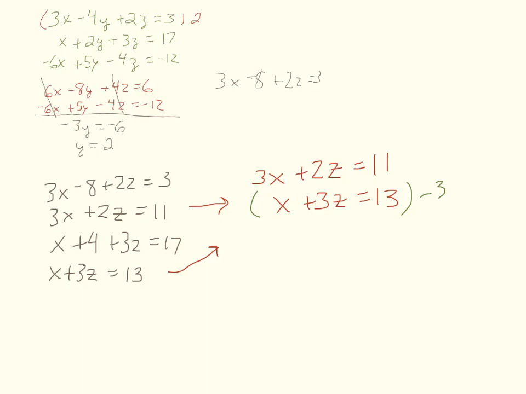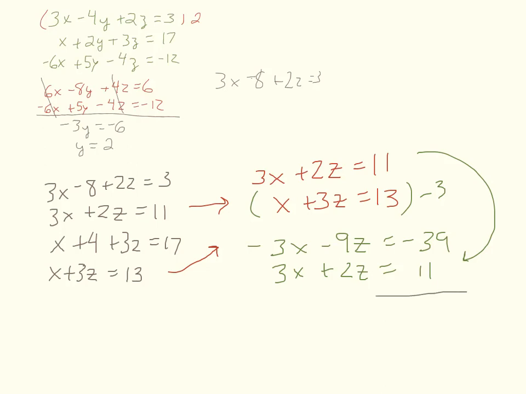When I multiply it by negative 3, I get negative 3x minus 9z equals negative 39. Okay? And this first equation, if I rewrite it, you have 3x plus 2z equals 11. Now, let's simplify. Add them together. Those cancel out. I have negative 7z equals negative 28. So I have z is equal to 4.